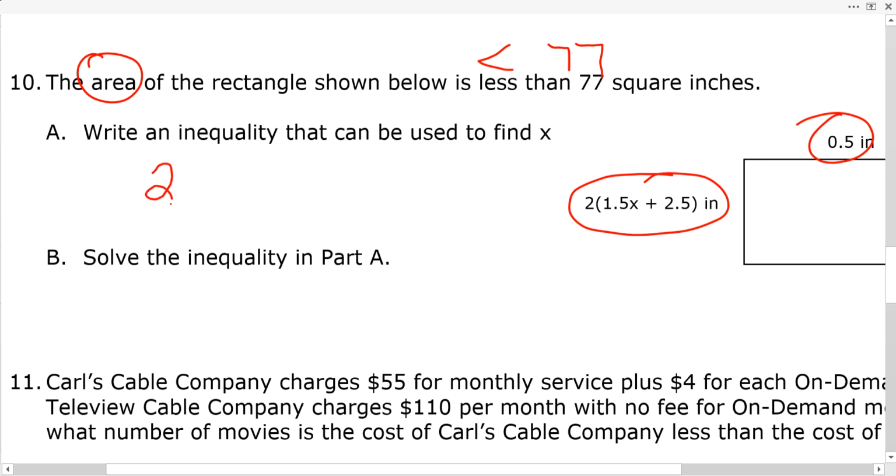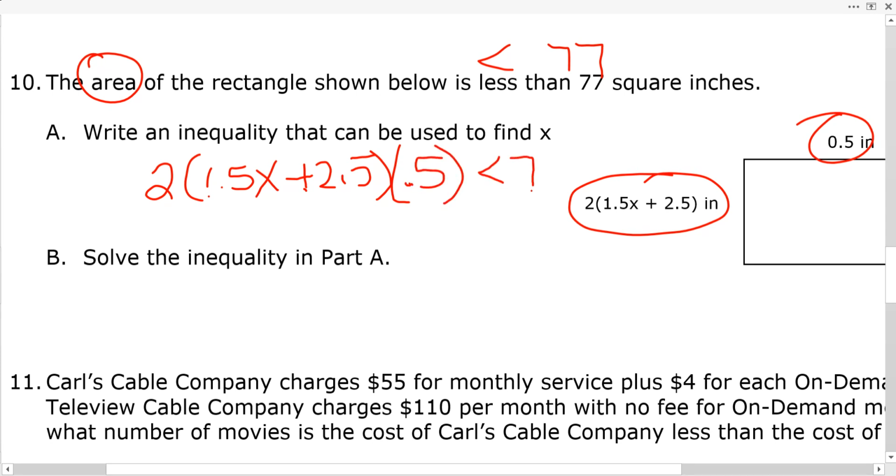So I have 2 times 1.5x plus 2.5, and I'm also going to multiply that times 0.5, and all that has to be less than 77. So if you stop and think about this before you start working, I'm multiplying everything by 2, and then I'm also multiplying everything by 0.5, which is the same as 1/2.